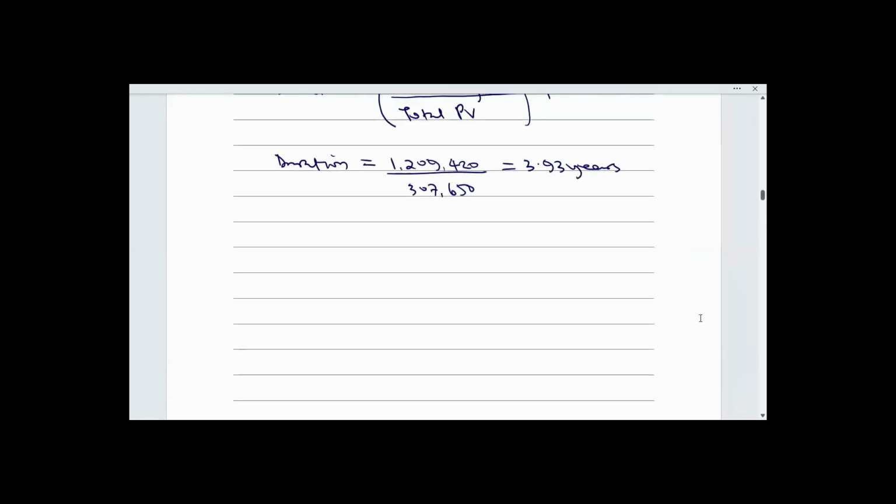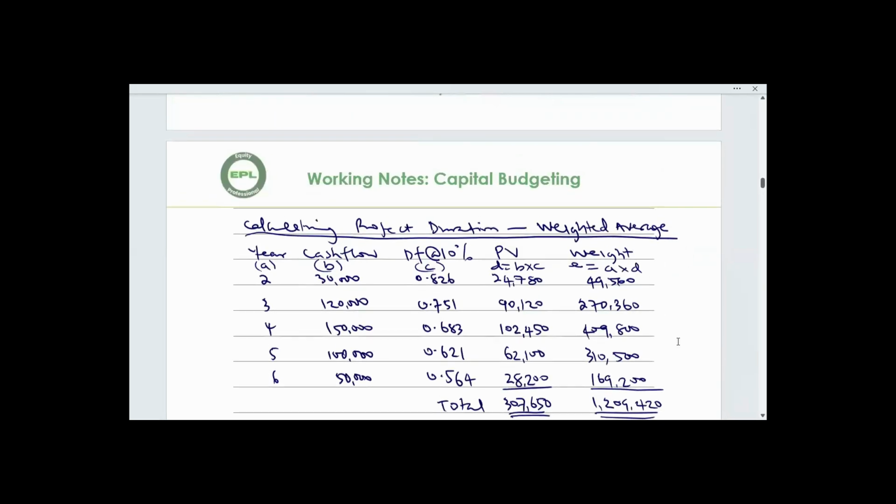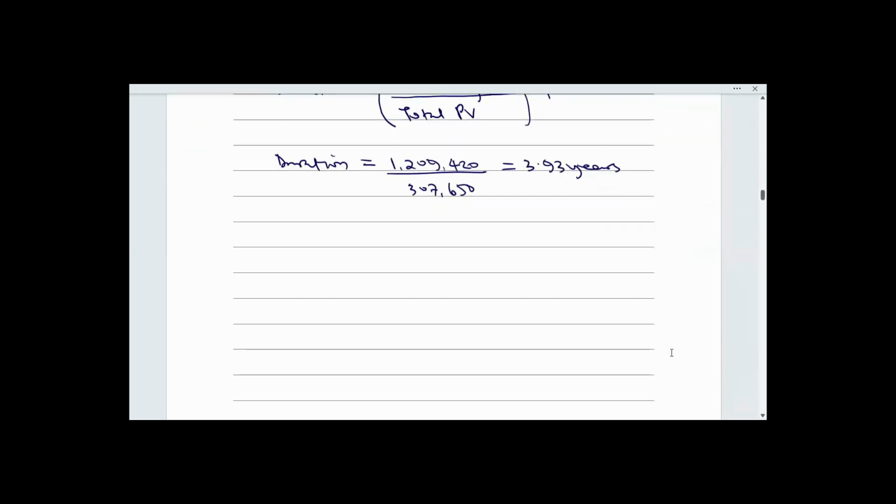So if I want to use the present value method, I will say, alternatively, calculating project duration using present value. How do you do this?